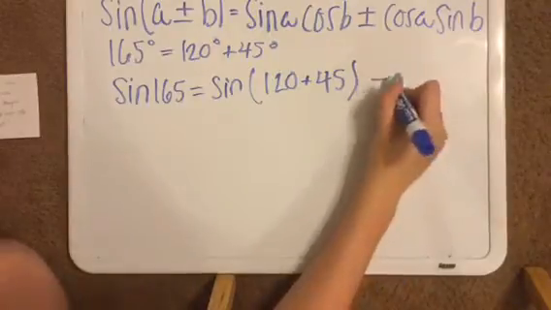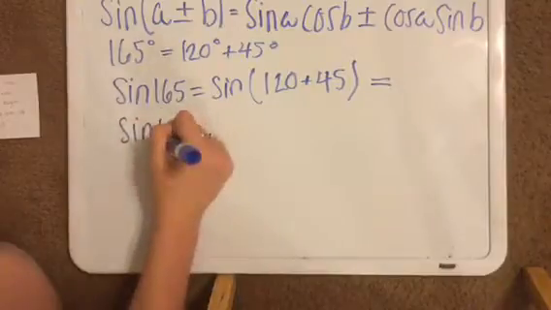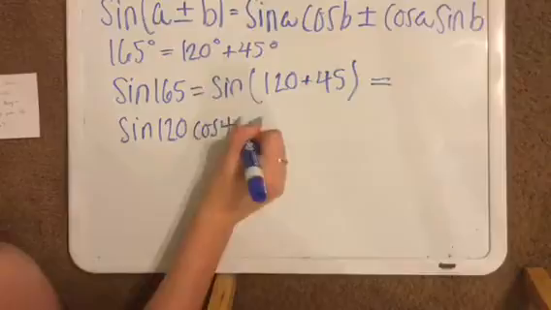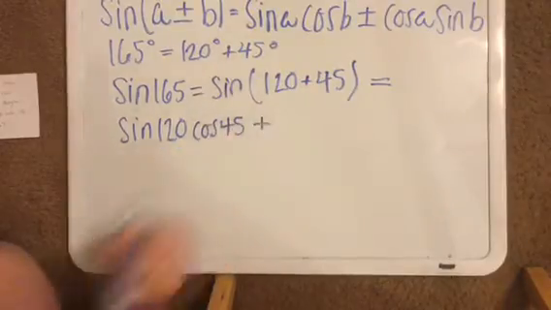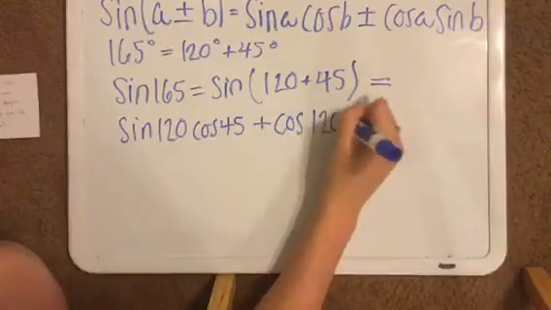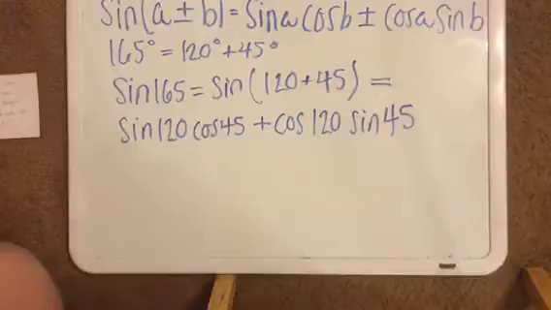This will then equal sine of 120 times cosine of 45 plus cosine of 120 times sine of 45.